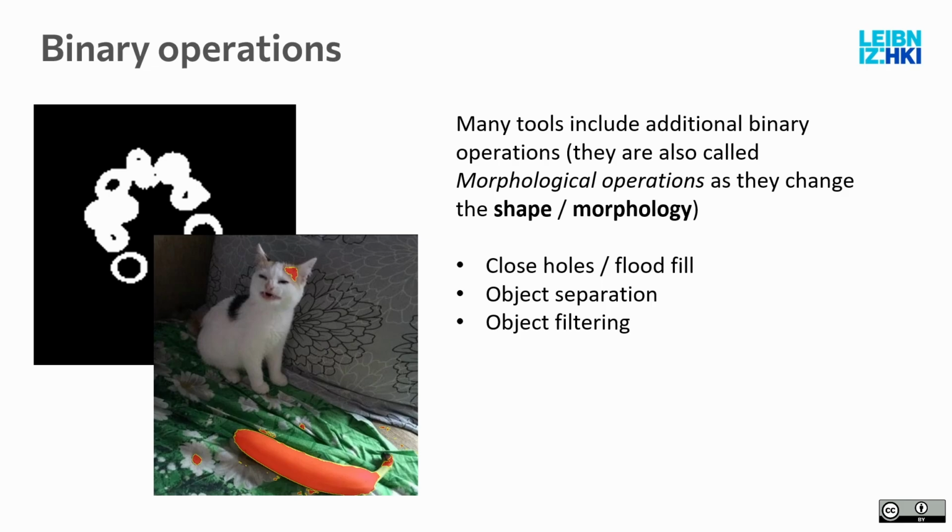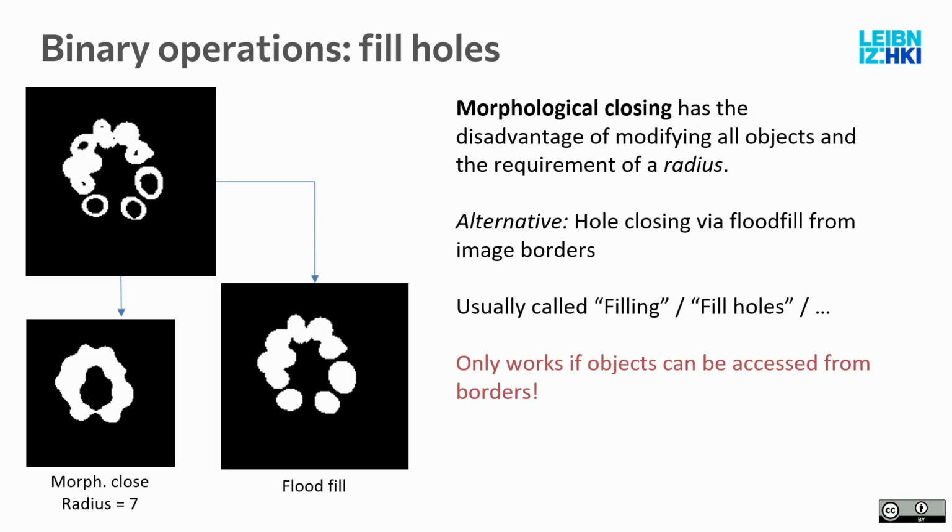Then object separation filters, and then general object filtering, all implemented in different tools in different ways. So let's look at fill holes. The hole closing depends on the radius, and sometimes these holes are super large, and you would basically destroy your object if you increase the radius too much.